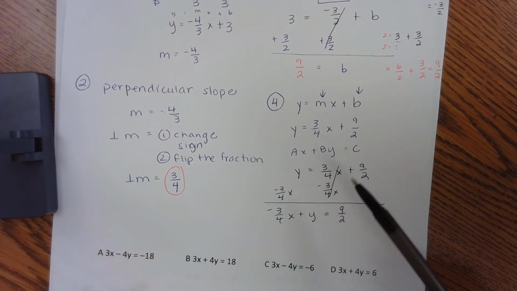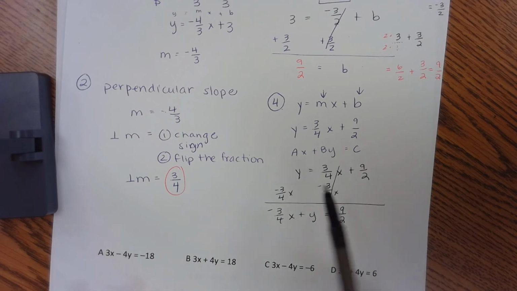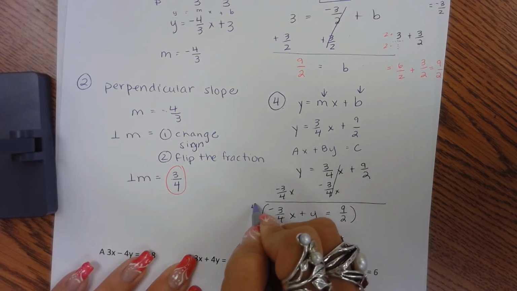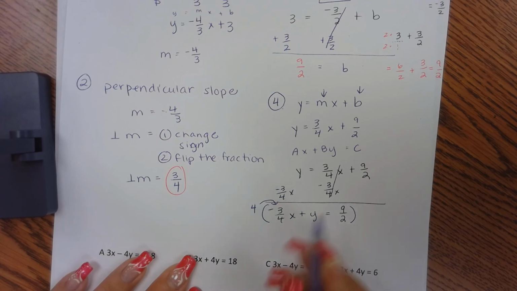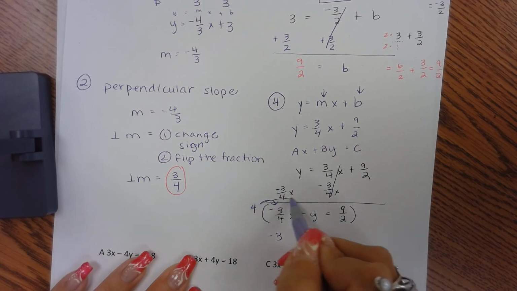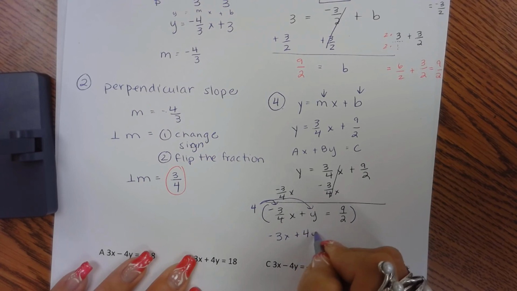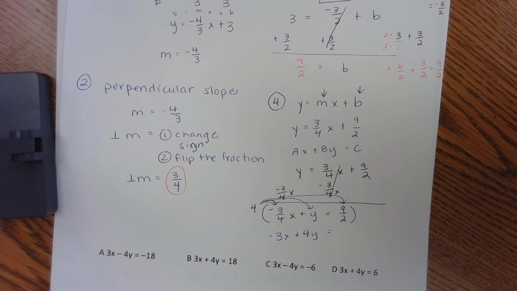Now when it's in standard form, we cannot have a negative in the a place, and we cannot have a fraction. So to get rid of the fraction, we would have to multiply all of this by 4. So 4 times negative 3/4 would end up with negative 3x. 4 times y would be plus 4y equals 4 times 9/2.